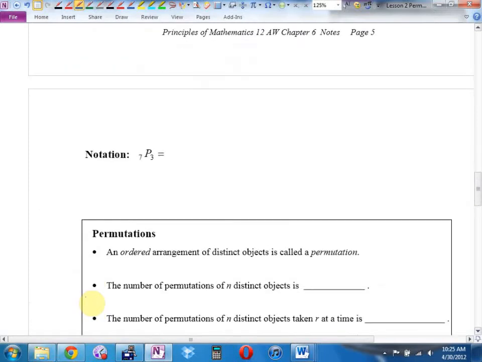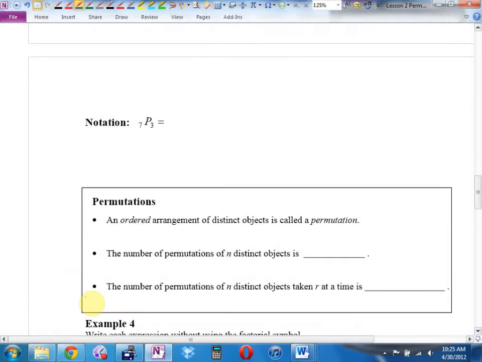In fact, we write it this way. Turn the page. We use a capital letter P for permutation. From 7 objects, permutate 3 of them, and that's going to be 7 factorial all over 7 minus 3 factorial.